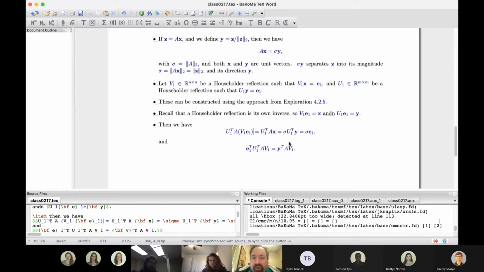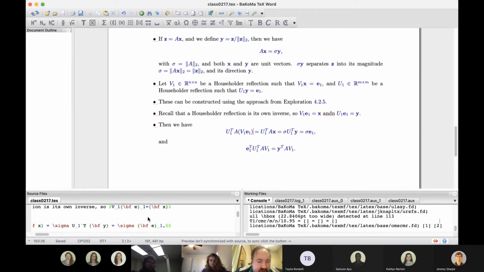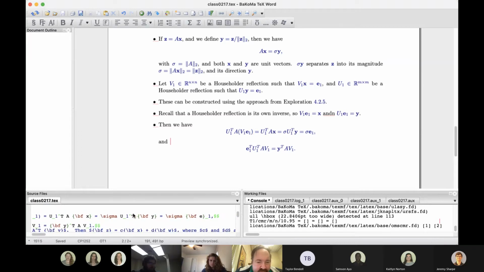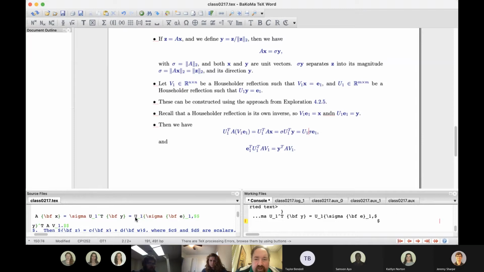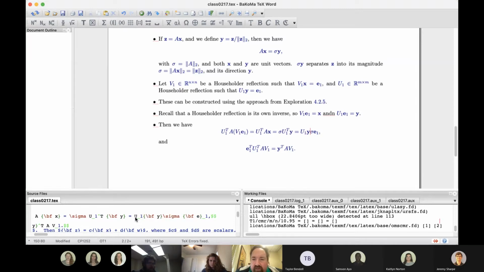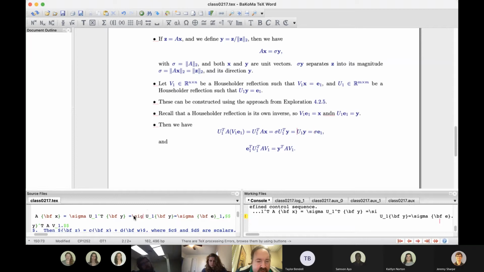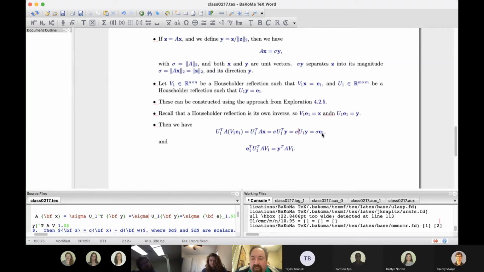Remember, sigma is a number, so I can put it wherever I want. And then I have U1 transpose y. But remember, a householder reflection is symmetric. So that's the same as U1 y. I forgot the sigma. So then we get sigma times e1.